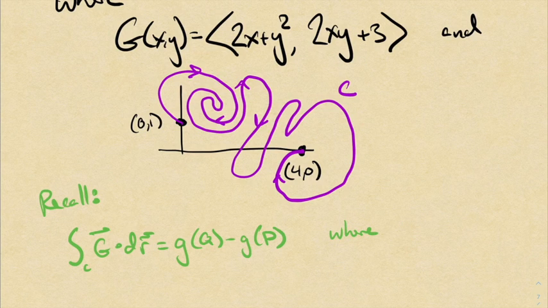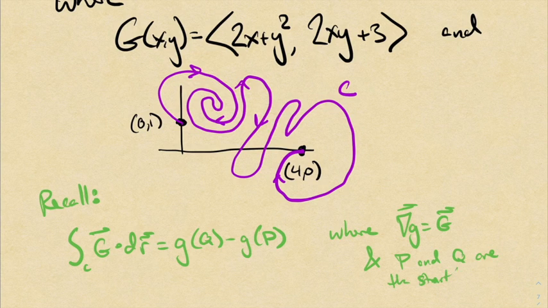Oops, that's not what I meant to say. Little g is a potential function for a vector field, capital G, and P and Q are the start and end points of the path C.